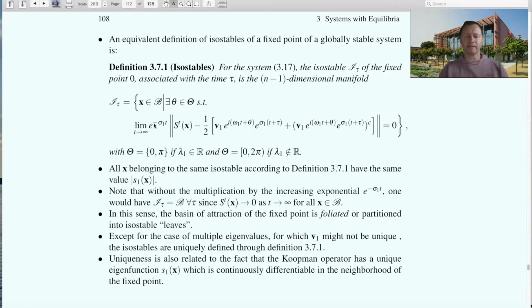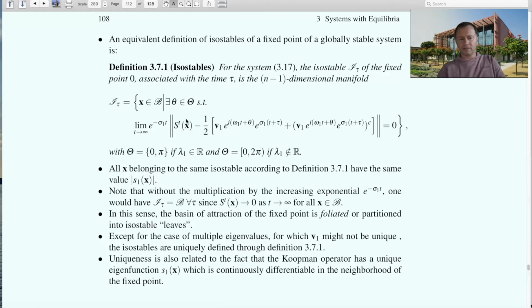So we're requiring that when we multiply this absolute value of the difference between S_t and basically the slowest part of the linear evolution with e to the minus sigma 1, where sigma 1 is the real part of the slowest eigenvalue, so this would be positive because sigma 1 is negative, that the limit when t goes to infinity is equal to 0.